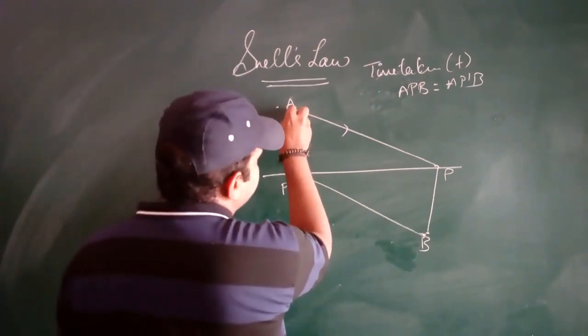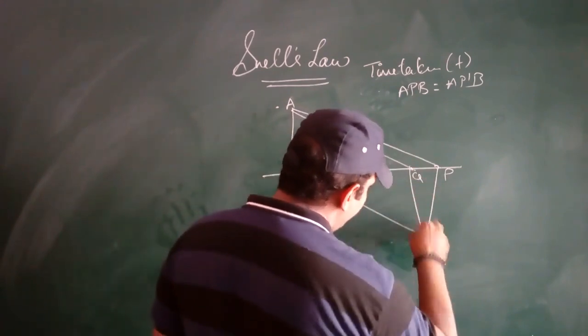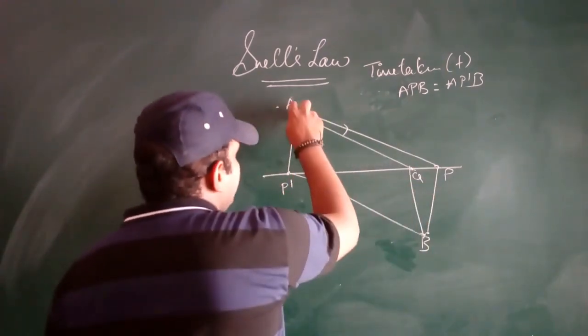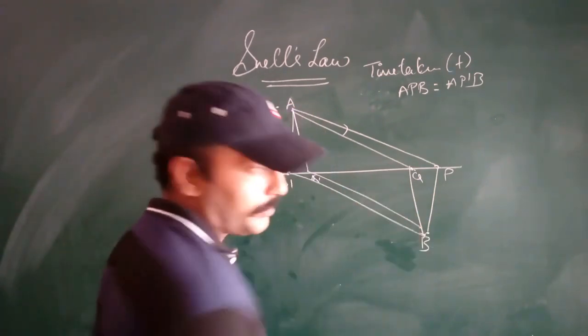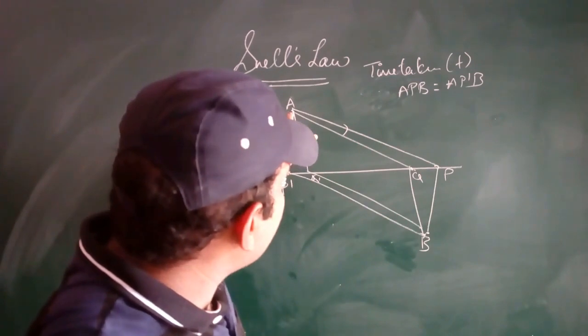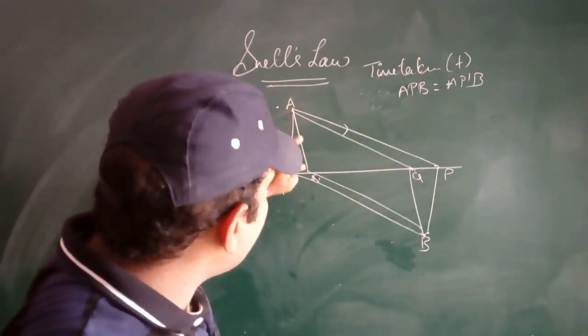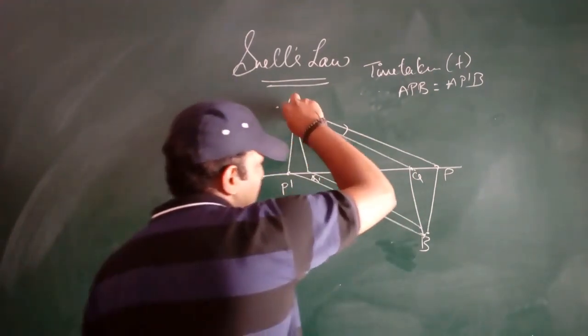We can take different paths, so think that this is another path AQB. I can take the AQB path also, and in a similar way AQ dash B. The time taken to cover the path AQB is equal to the time taken to cover the path AQ dash B.